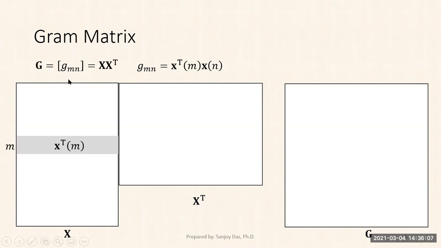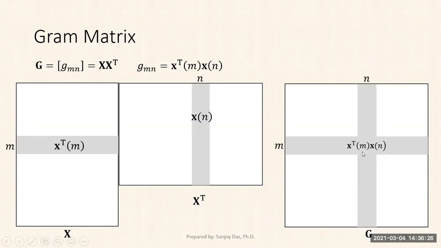So at row m of the Gram matrix and column n, we are taking x transpose m, this row, and this column, x_n, and then we get x_m transpose x_n, which is this scalar.